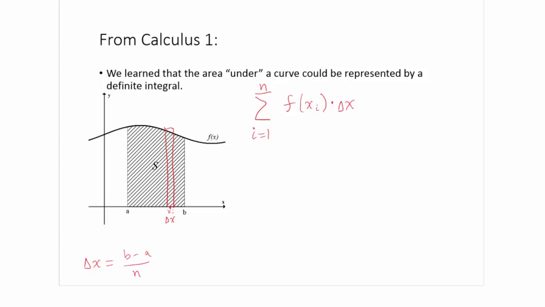Then we went a step further. We said, if I take the limit as n approaches infinity of that expression, if I added up an infinite number of little rectangles, then as n approached infinity, this became what we called the integral from a to b of the function, and then we had that differential operator, the dx.